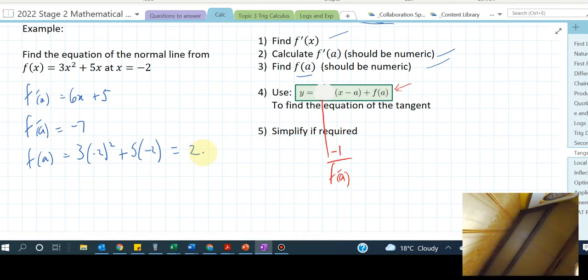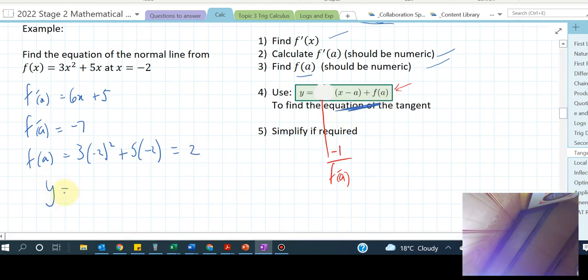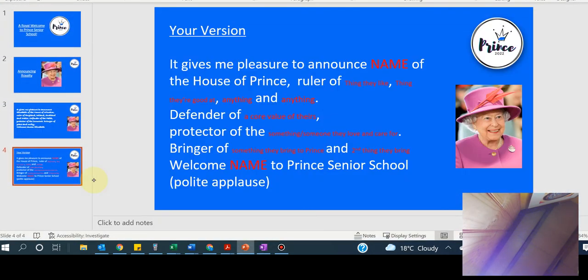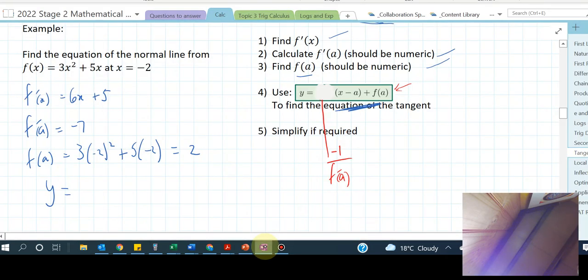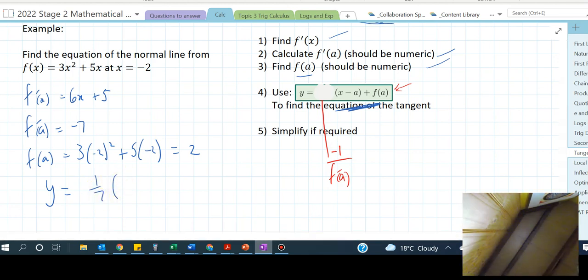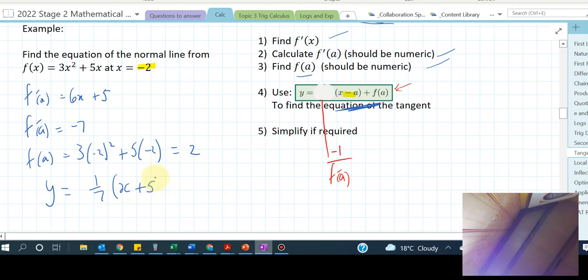Then put this into that equation. Y equals minus 1 on f dash a. So minus, whoop, that's different. Minus 1 on minus 7 is really just 1 on 7, bracket, x take negative 2 is going to be x plus 2, close bracket, plus f of a.